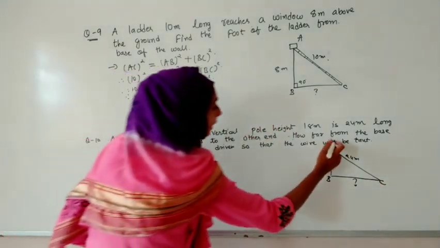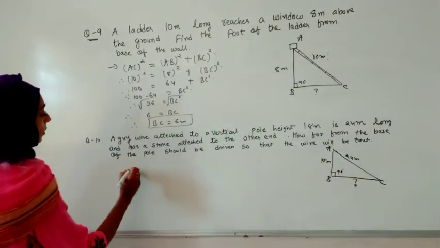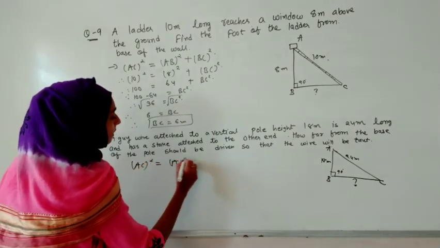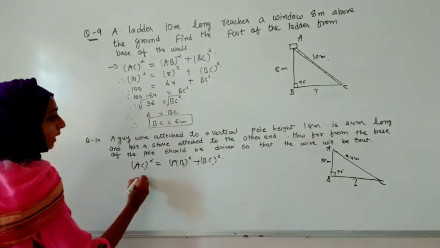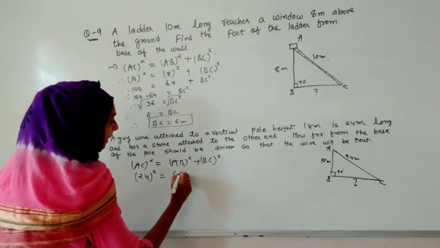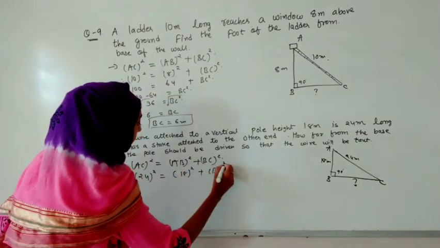As we know that the vertical height and horizontal base will make 90 degree over here. So let us apply Pythagoras law. AC square is equal to AB square plus BC square. What is the hypotenuse? That is 24 meter and its square, and that is 18 and its square, and we have to write BC over here and its square.